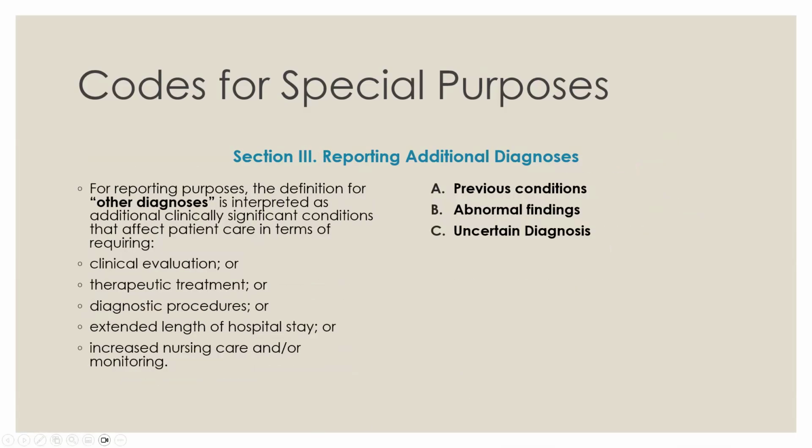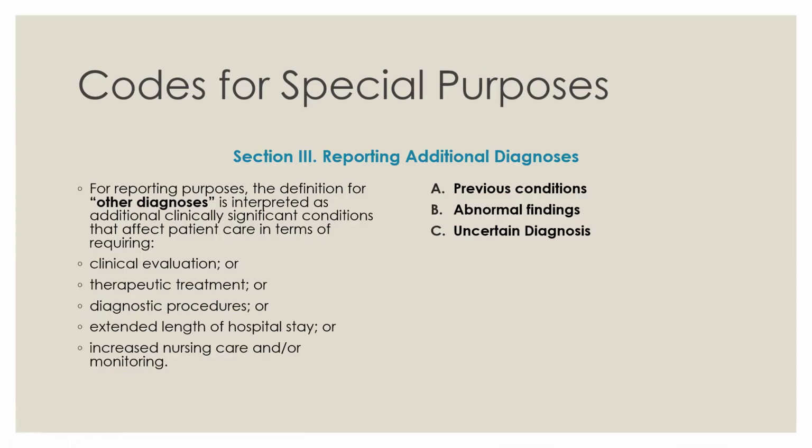For section 3, reporting additional diagnoses. There are general rules for this section. For reporting purposes, the definition for other diagnoses is interpreted as additional clinically significant conditions that affect the patient's care in terms of requiring clinical evaluation, therapeutic treatment, diagnostic procedures, extended length of hospital stay, or increased nursing care and/or monitoring.